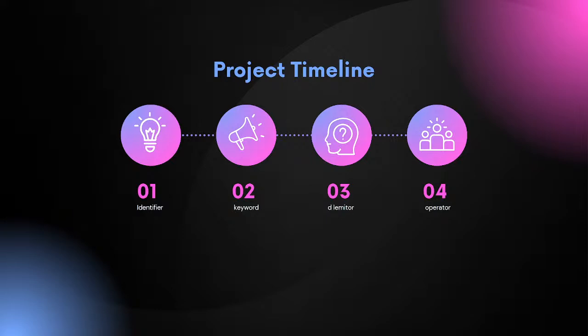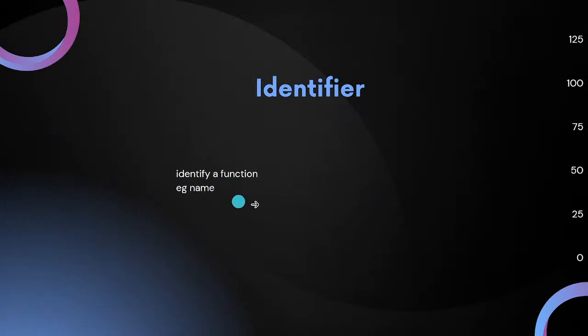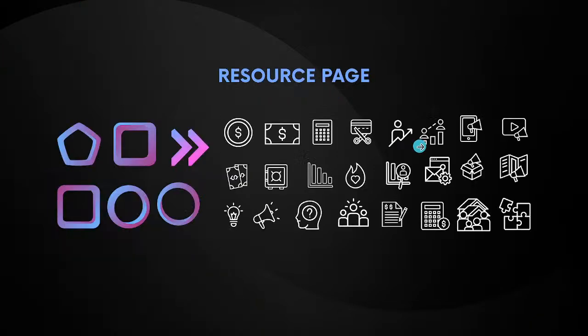Identifier is a key term which we are using. An identifier is used for identification of a function. For example, name, class, section, batch code, those types of common words will be in the set of identifiers in Python.